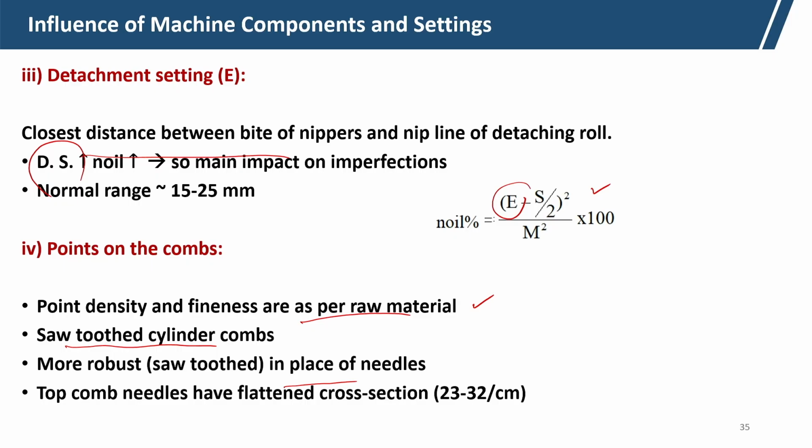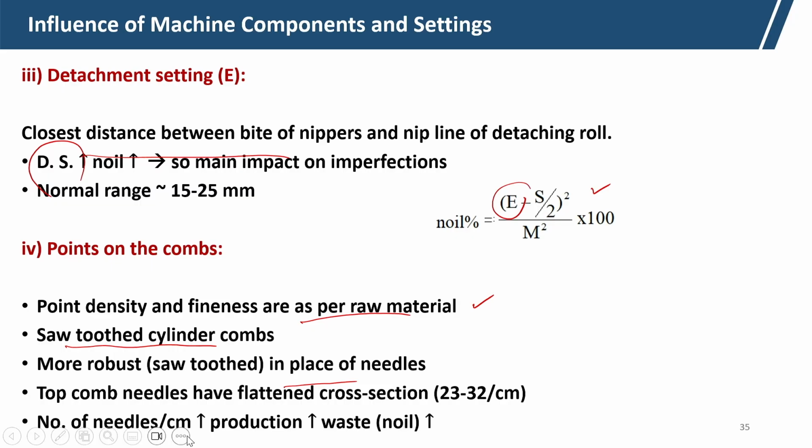Top comb needles are flattened, which has already been discussed. Then the number of needles per centimeter, the needle density: as it increases, production rate increases and Noil percent increases.